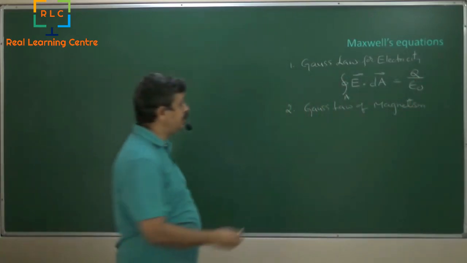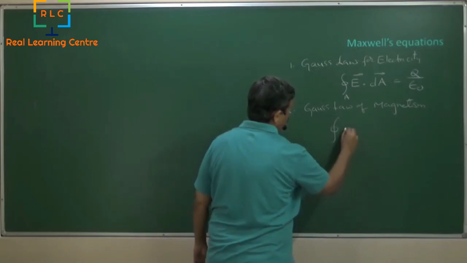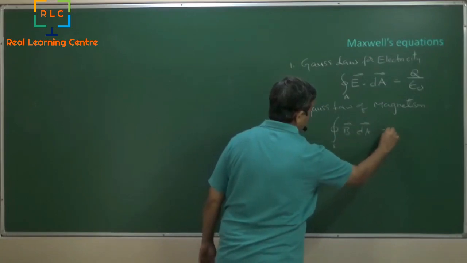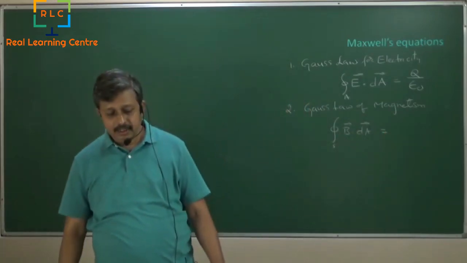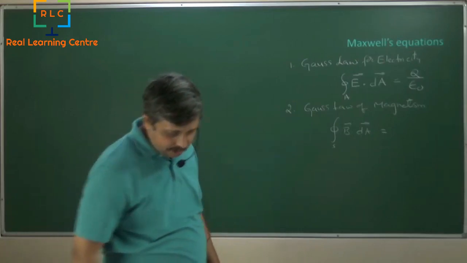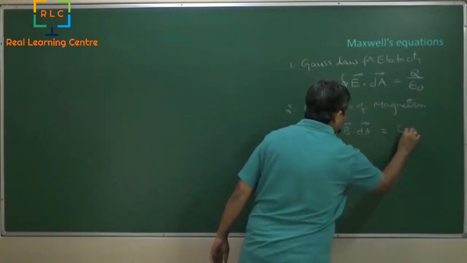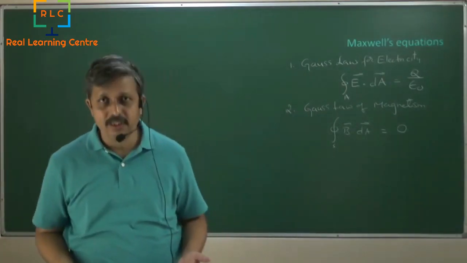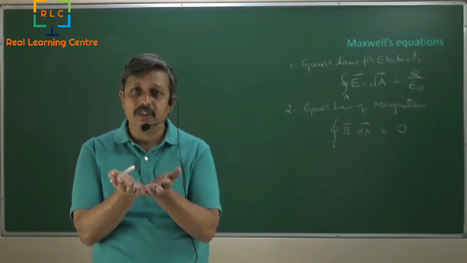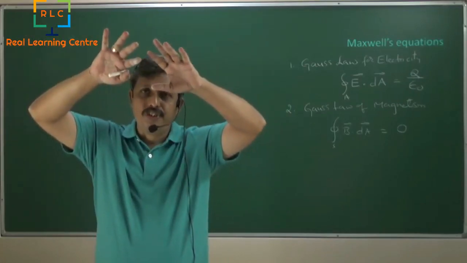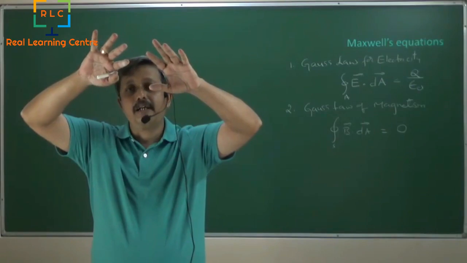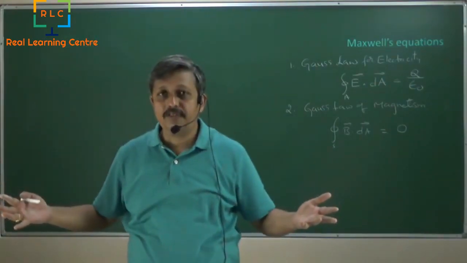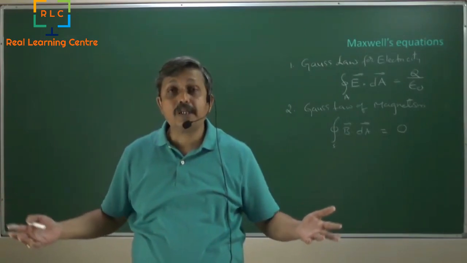It says that the integral of B dot dA over any closed surface is equal to 0. What does that mean? That means you take any kind of closed surface, over which you compute B into A, which is called magnetic flux. If you add all that, it will become 0.